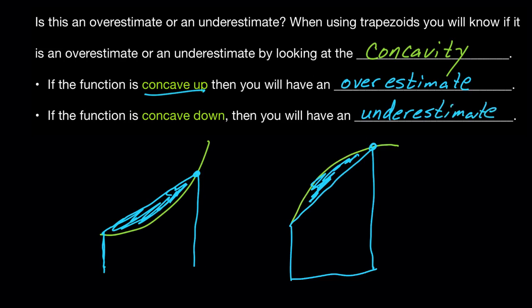So key thing to remember here, when you are doing trapezoidal approximations, being an overestimate or underestimate is determined by the concavity, whereas using the rectangular method is determined by whether the function is increasing or decreasing, as well as doing a left versus a right Riemann.